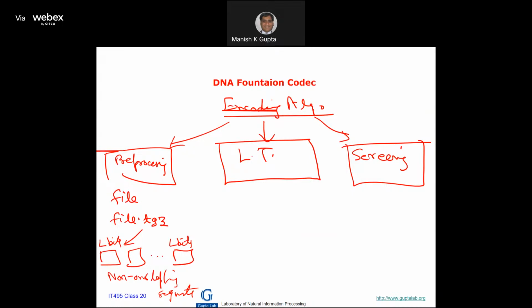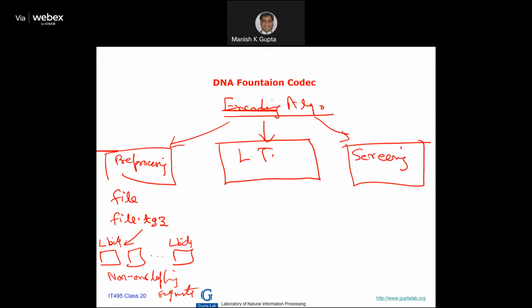You check two constraints: whether there is a homopolymer, so any base repeated, and whether GC content is within the 50% range, 0.5 plus or minus a GC parameter. If the generated string passes these two tests, it is a valid sequence, otherwise it is invalid. That is how you collect the DNA.